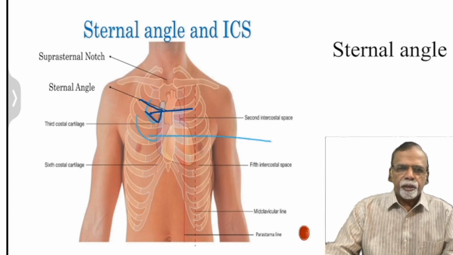The sternal angle is clinically relevant because at this level many important structures are found. For example, the second rib joins the sternum. The beginning and end of the arch of aorta is again at this level. The trachea bifurcates, again at the level of the sternal angle.